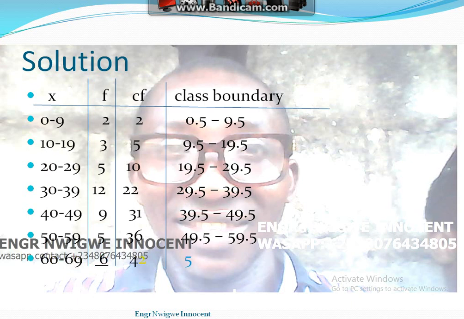When the mark is 60 to 69, the frequency is 6. The cumulative frequency is 36 plus 6, which gives us 42. The class boundary is 59.5 to 69.5. The total frequency is 42.